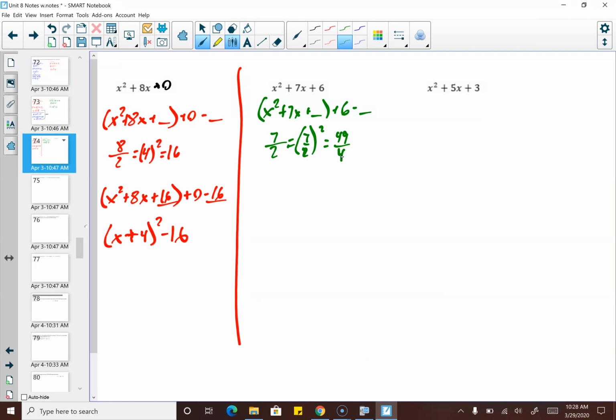So that's going to be the number that goes on each of those lines. Right? And again, I know that it's a little weird because we haven't solved for anything yet, but I promise you we will get to that piece. So we get x, and then we're plus 7 over 2 squared, because that's what we got when we divided by 2.